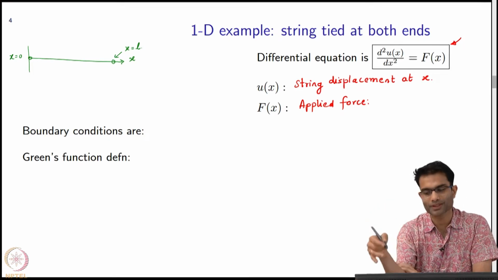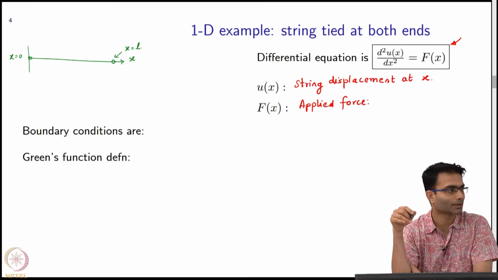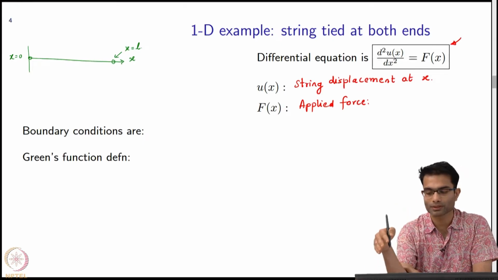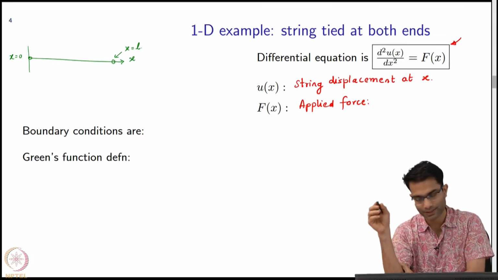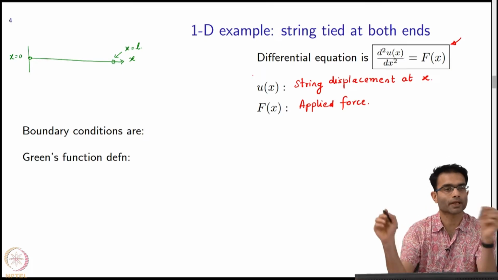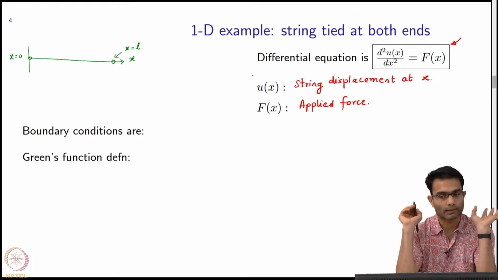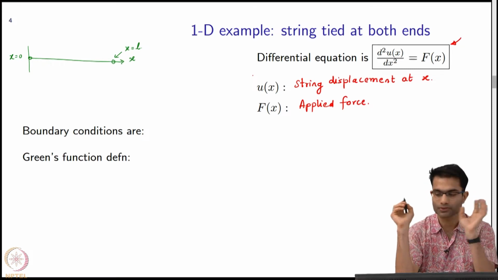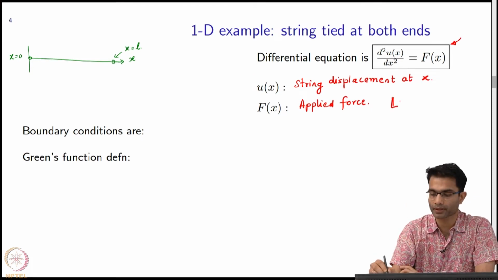You can already see that, if I ignore the, well, let me not get ahead of myself, let us continue step by step. At least the setup is clear, string tied at 2 ends. So, that is my differential equation. In this case, for example, what will my L operator be?